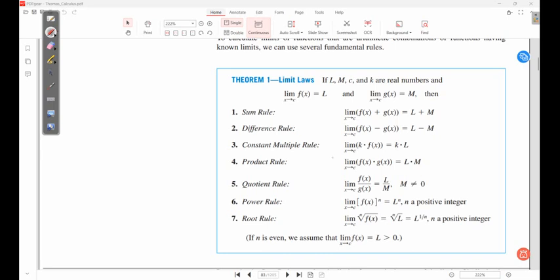I think this was supposed to be called the constant multiple rule, where you've got a coefficient, you can pull it out. And then the product: whenever you've got a product of two functions, you can separate them as a product of the limits. The quotient, I'd explained, and the power.